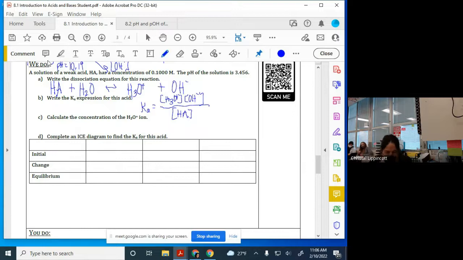Okay, so that is what my Ka expression looks like. They want us to calculate the H3O plus ion concentration. We're given the pH here, so all you have to do is go 10 to the negative 3.456, and that'll give you your H plus concentration.